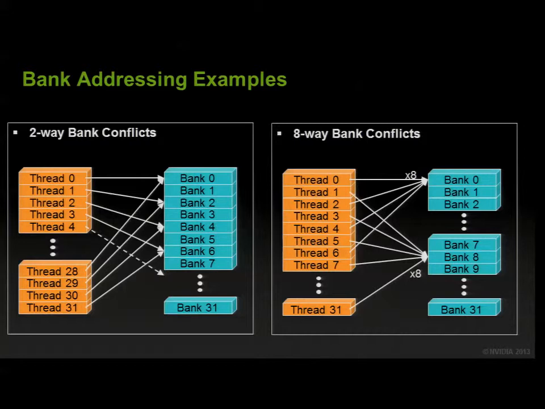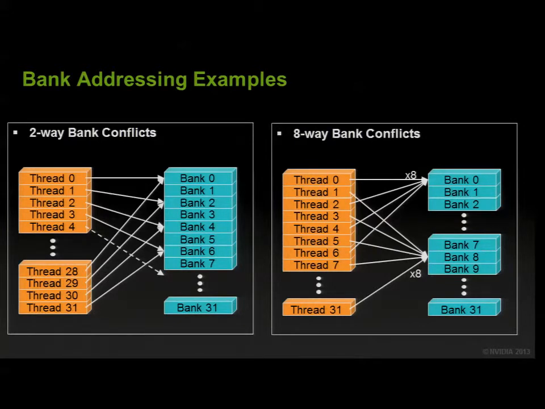What the hardware will do, just imagine on the electrical level, right? You have a wire between each one of the threads and these memory elements, and you're saying, hey, memory bank, give me this value at address A. At the same time, you have another thread that says, hey, memory bank, give me this value at address B. Well, the memory bank can only give you one value at a time, because there's only one wire between the memory and the threads.